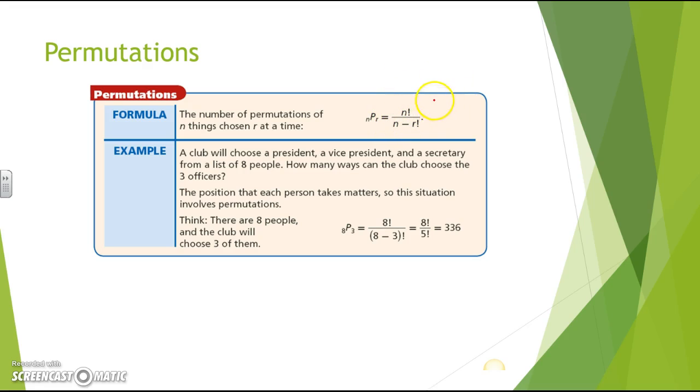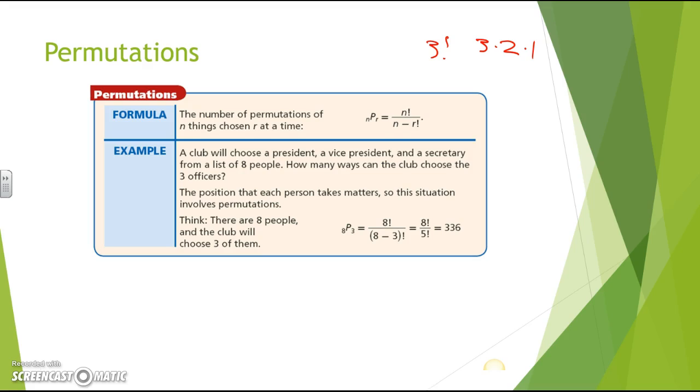For instance, that exclamation mark means, if you had 3 factorial, that means 3 times 2 times 1. So the factorial is representing counting down. So here we have an example. A club chooses a president, a vice president, and a secretary from a list of 8 people.